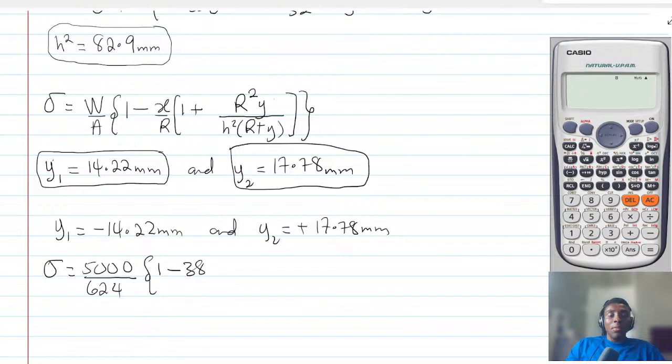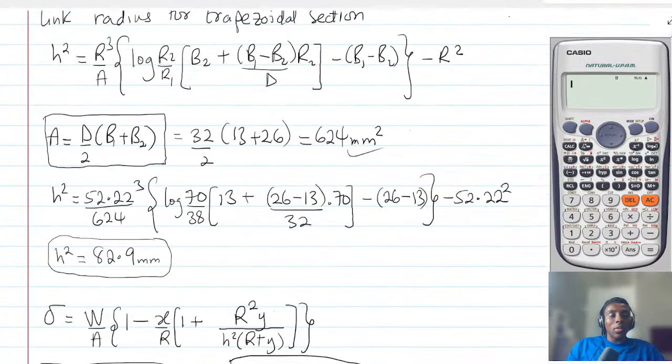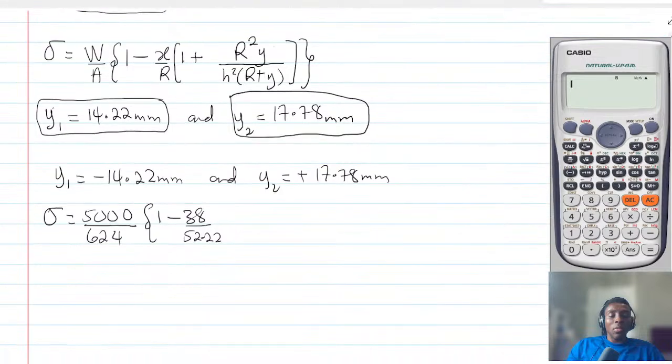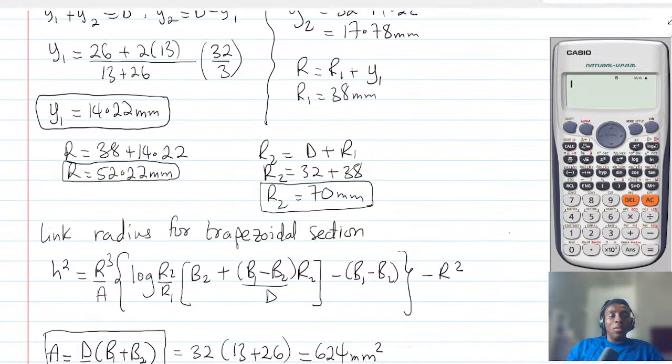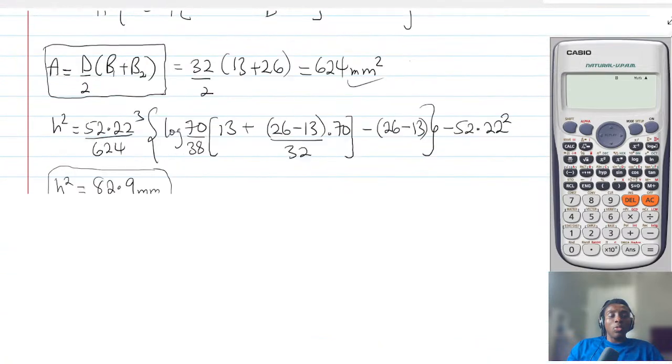38 divided by r, which is 52.22, and then into bracket 1 plus r squared. So r squared is what? 52.22 squared.